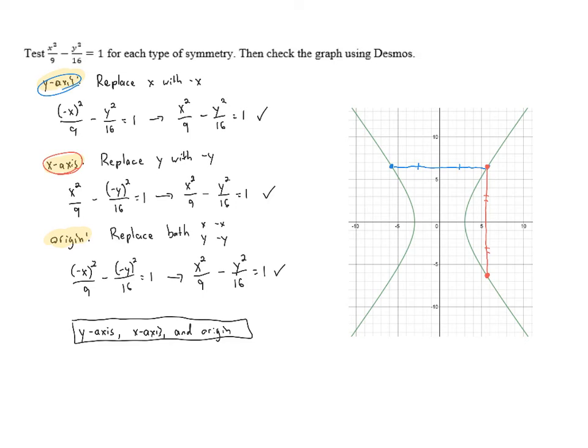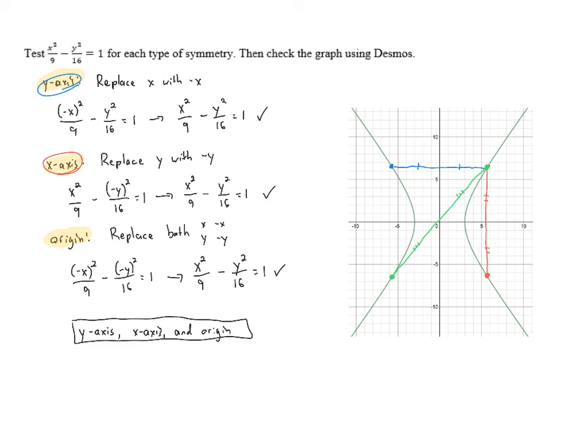So that shows us that we have symmetry with respect to the x-axis. And then let's take a look at symmetry with respect to the origin. For any point that we have on the hyperbola, we have a corresponding point across on the opposite side of the origin. I'm trying to draw this as best as I can. So we do have that point over there.